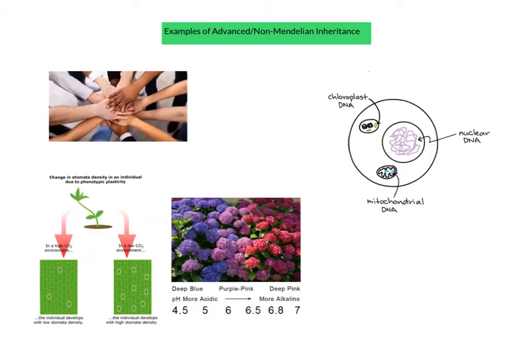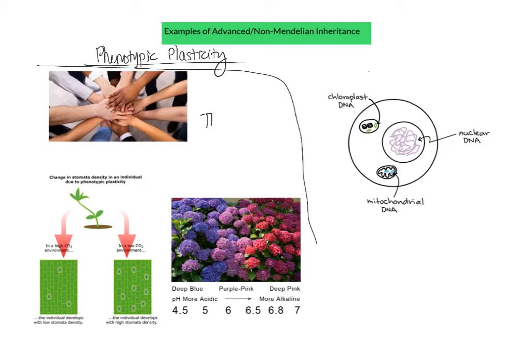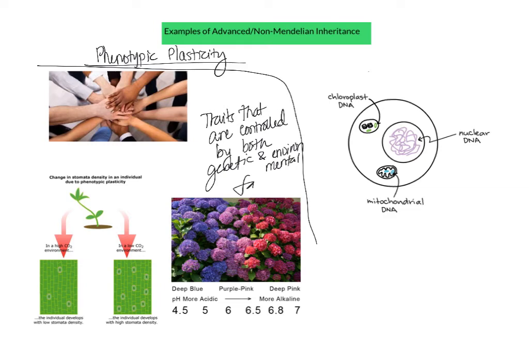So another example is something called phenotypic plasticity. And the idea here is that there are traits that are controlled by both genetic and environmental factors.